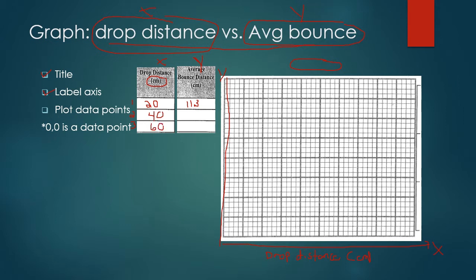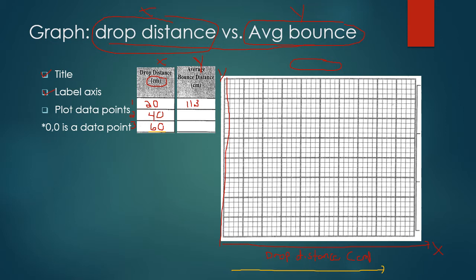So I need to pick an interval to label the x-axis by. Now I could go by tens, I could go by fives, doesn't matter. What matters is that each box is worth the same amount and that I can get all the way up to 60 centimeters. So I'm going to go by tens.